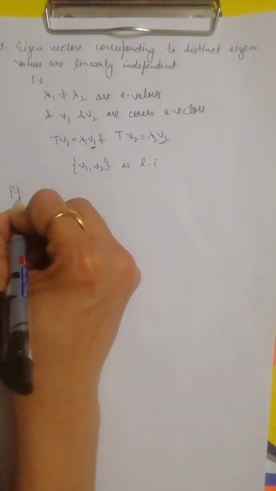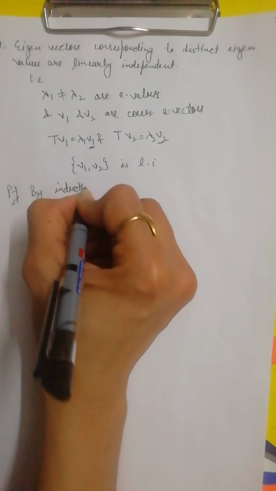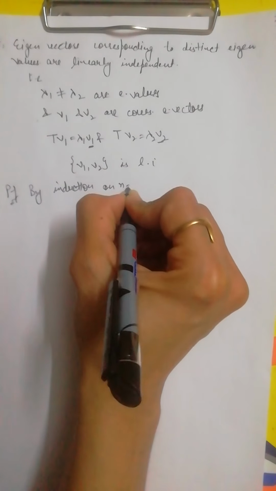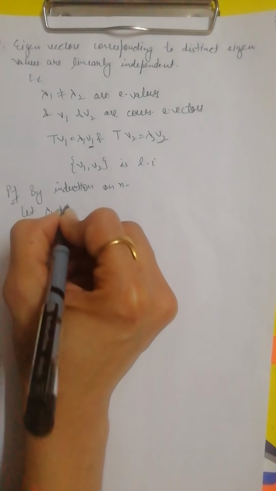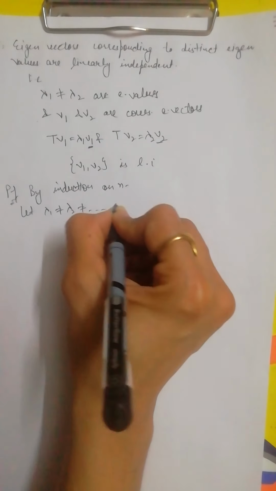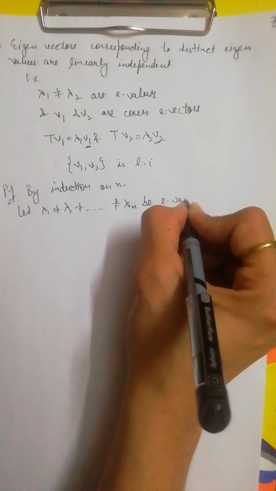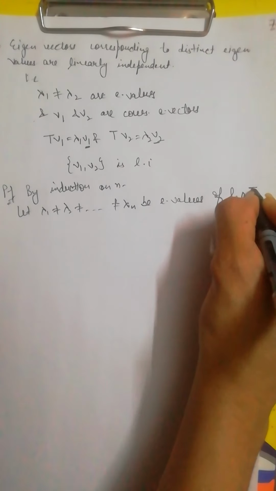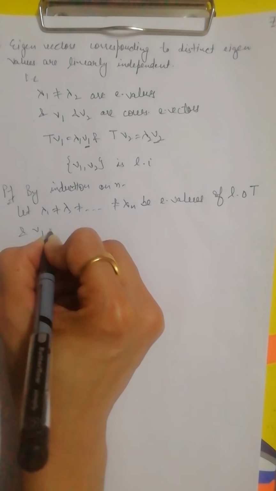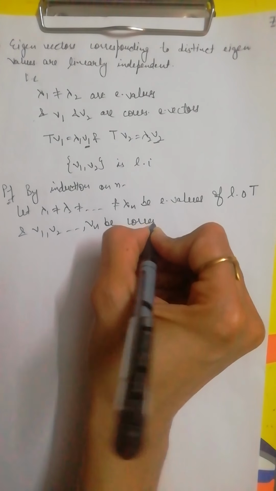So the proof will be by induction on n. Let lambda 1, lambda 2, up to lambda n be distinct eigenvalues of a linear operator T, and v1, v2, up to vn be corresponding eigenvectors.